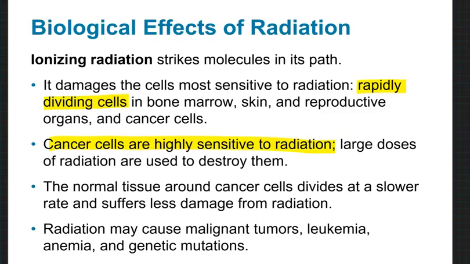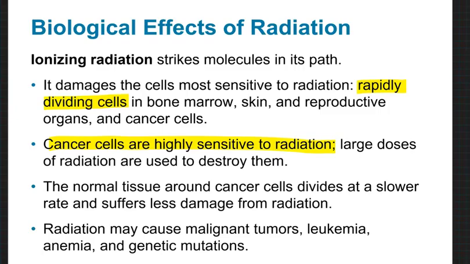Unfortunately, if that radiation acts on other fast-dividing cells, for instance in people's nose or mouth or gut or bone marrow, those cells will die also, and people may have altered olfaction, altered taste. They will become leukopenic and anemic, so red blood cells will suffer, white blood cells will suffer, and they're going to have GI problems, okay?